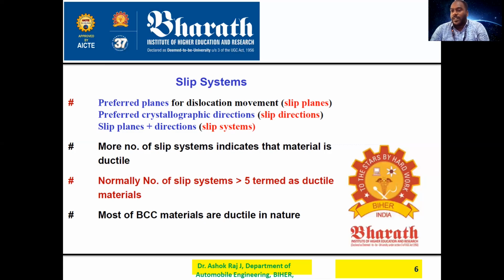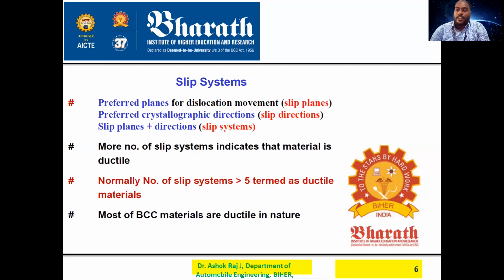If you want to deform plastically easily, the material having more than 5 slip systems will undergo high plastic deformation very fast compared to the other materials. For example, HCP has only 3 slip systems, BCC has approximately 12, and FCC has approximately 48 slip systems.